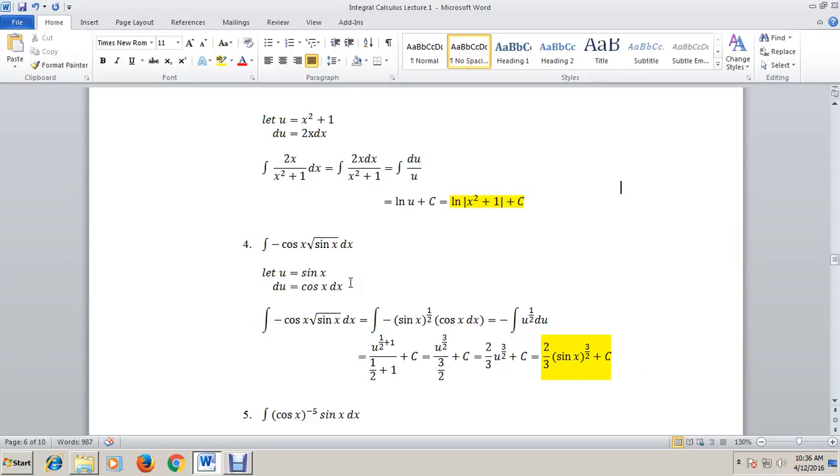Okay, so try to take note of that. Between cosine, which has the exponent 1, and sine, which has the exponent 1/2, we choose sine x, since this is the more complicated exponent. So, generalizing the idea for choosing which expression to represent as your u, you choose the more complicated exponent.